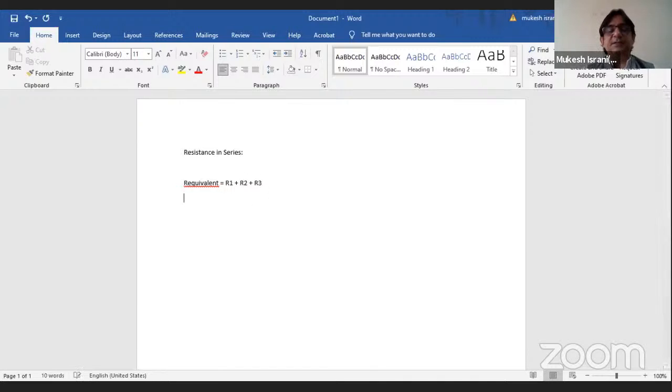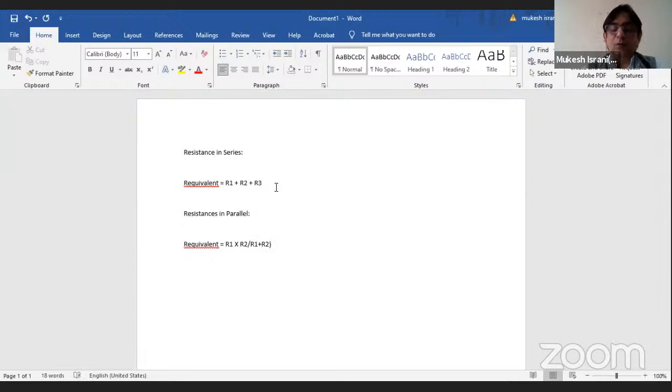Now, if I have resistances in parallel, then the equivalent resistance, if I talk about two resistances, is R1 into R2 upon R1 plus R2. This is how we write it.